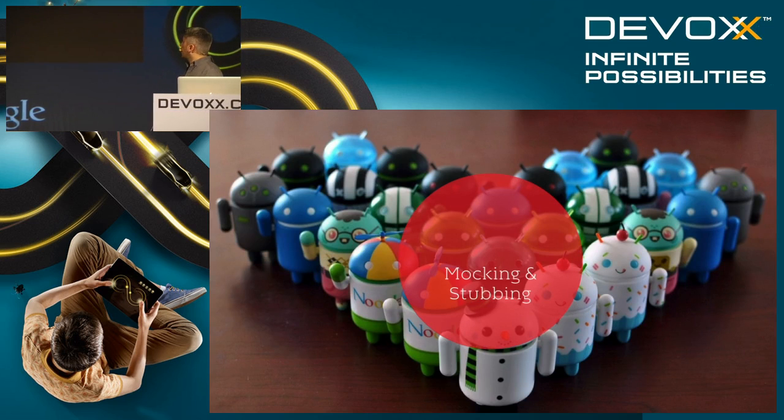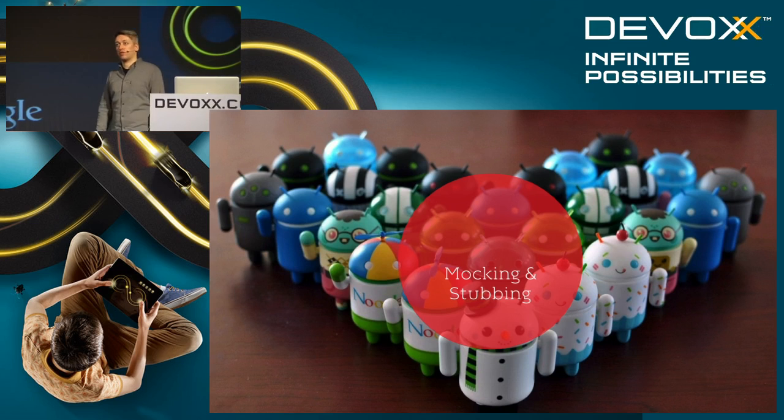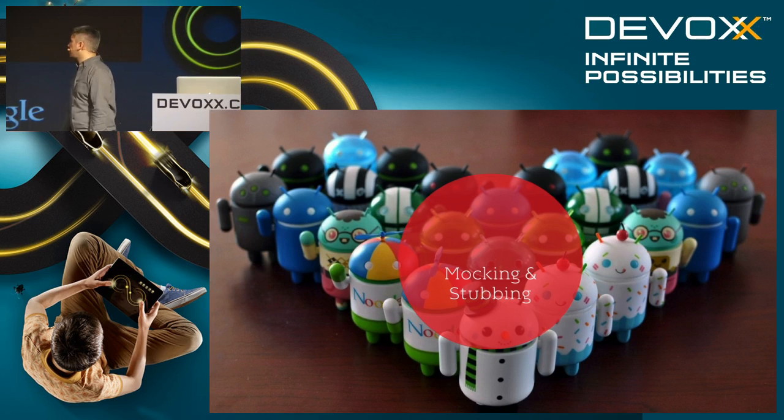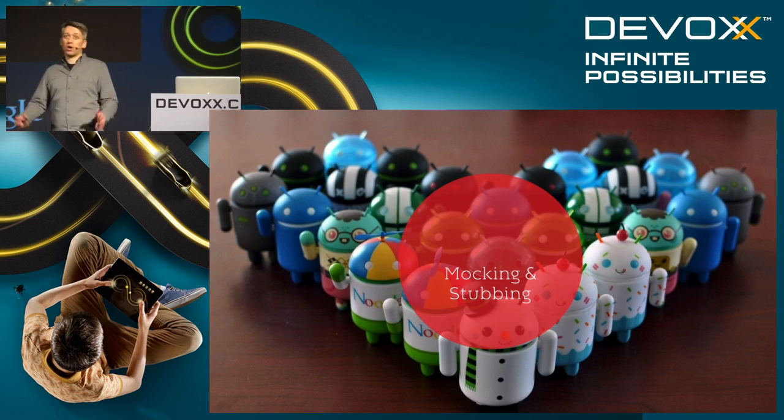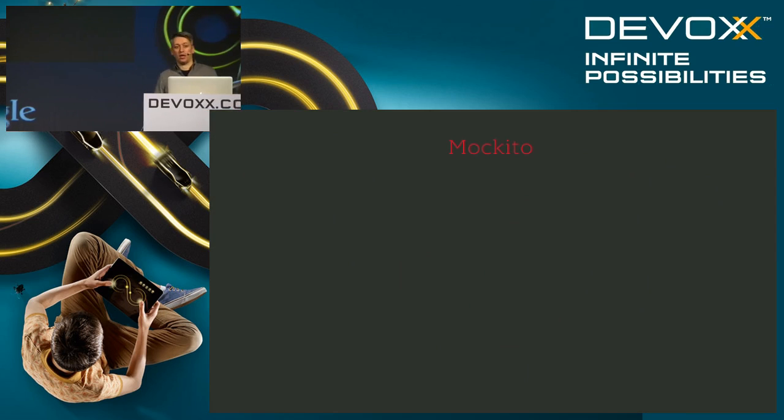Now, we were talking about Roboelectric and how you can now also write a certain amount of your tests that run on a JVM. Let's do one more quick detour and talk very quickly about an interesting tool for your mocking and stubbing. And the interesting one is Mockito, of course.